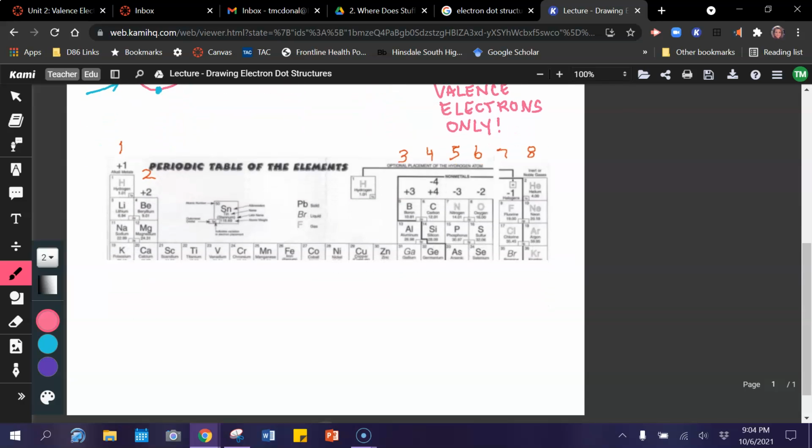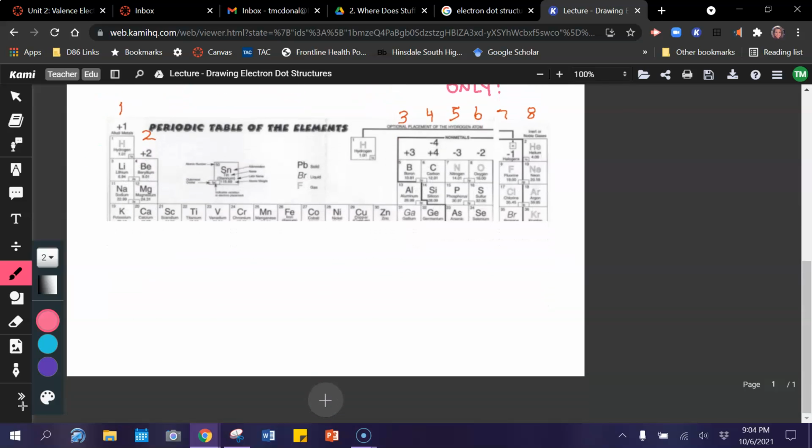So let's scroll the page so that we're focused here on the periodic table. Notice in red I have the group numbers listed on top of each column. And so let's say that I wanted to draw the electron dot structure for beryllium. So beryllium is here in the second column, and I've got the number 2 at the top.